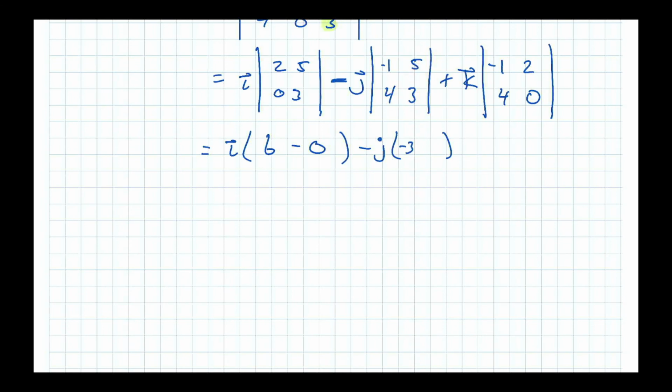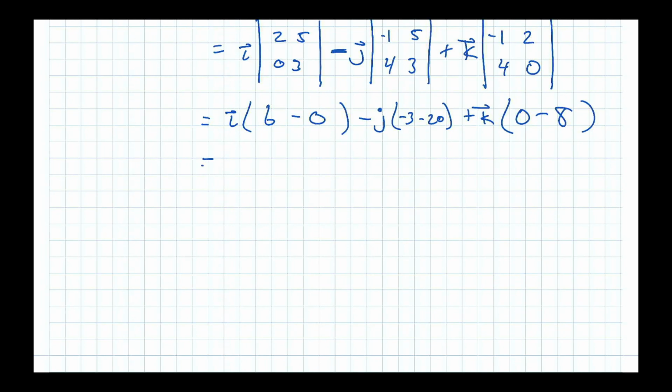Minus 5 times 4, so that's -20. Plus K. -1 times 0, that's 0. Minus 2 times 4 is 8. So there you go. So what do we get when we work this out?